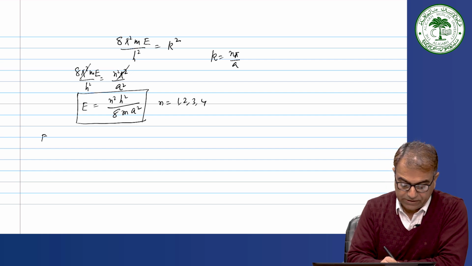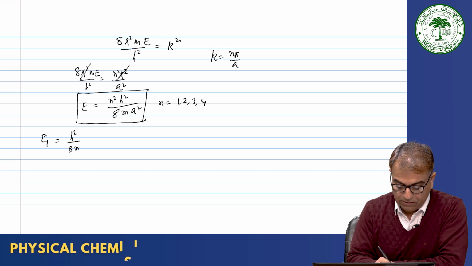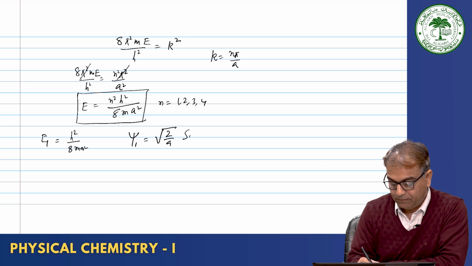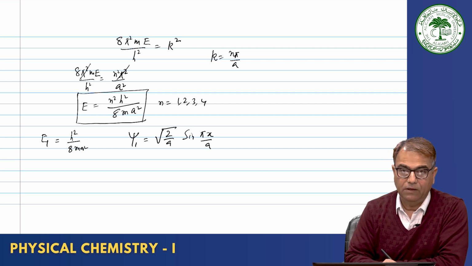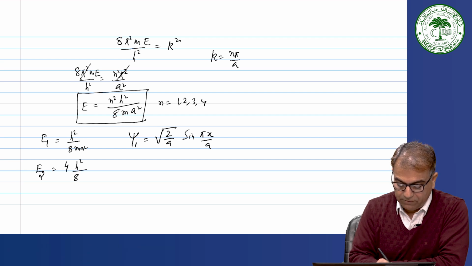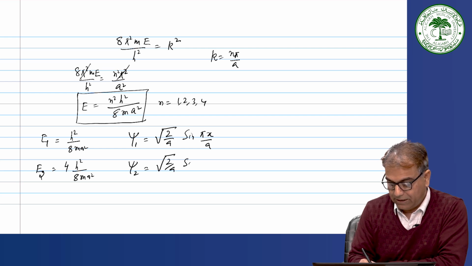So you can calculate the first energy E1, that will be h² divided by 8ma², and you will have a corresponding wave function root 2 by a sin πx divided by a, for n equal to 1. You have the second energy level E2, which will be 4h² divided by 8ma², with a wave function root 2 by a sin 2πx upon a.